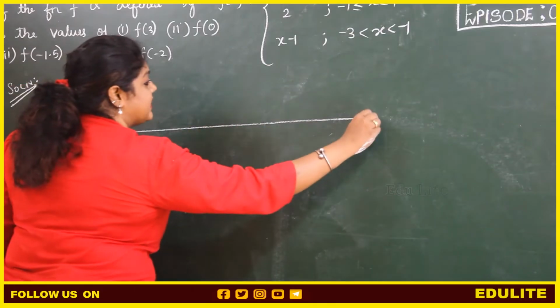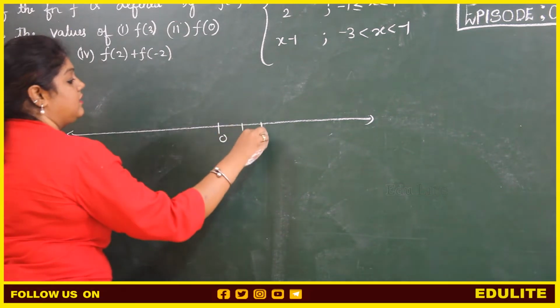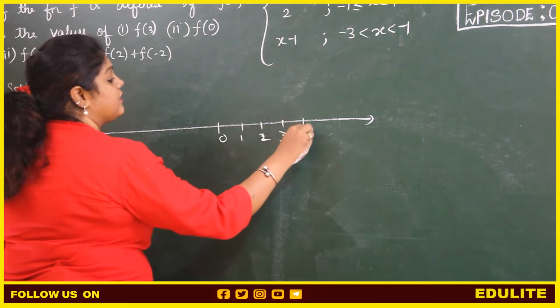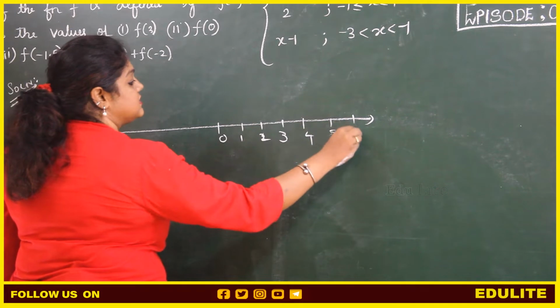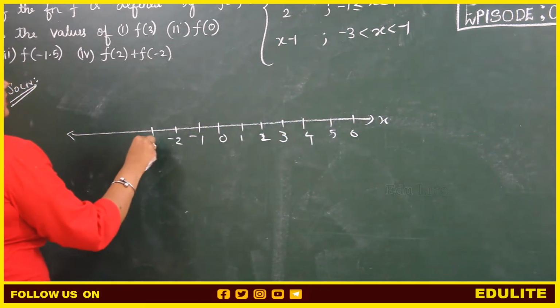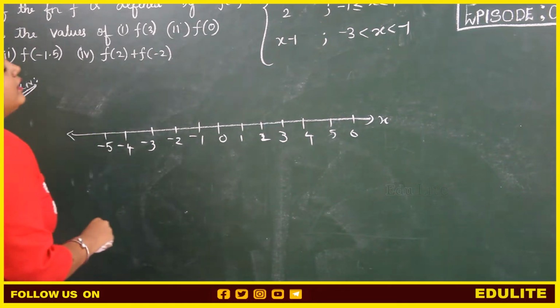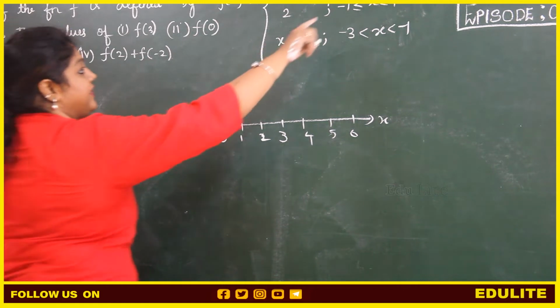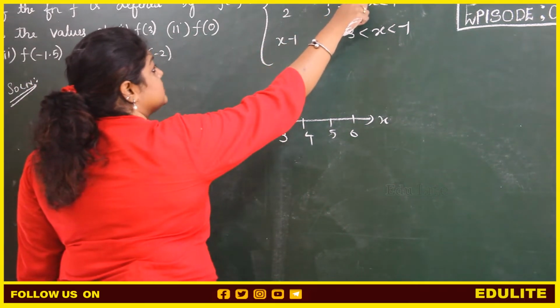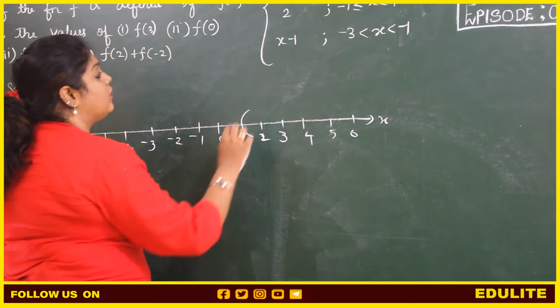I am considering the x axis because only the x values are given: 0, 1, 2, 3, 4, 5, 6. On this side it is minus 1, minus 2, minus 3, minus 4, minus 5, and it goes on. So, the first case is if x is greater than 1, where 1 is not included, so I am using open brackets.